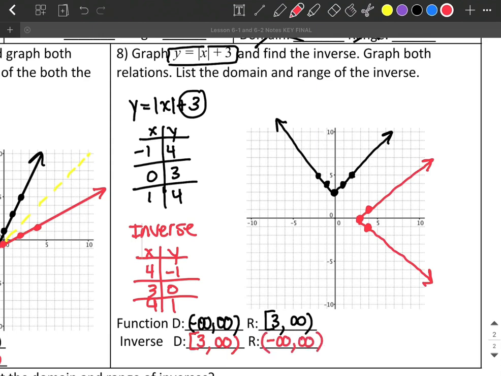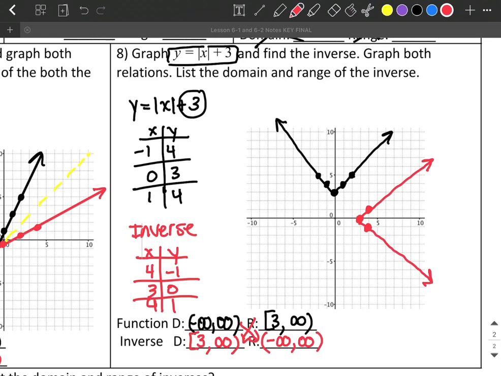And what I should notice is that just like my x and y values in my table, and just like finding it algebraically, I switch my x's and y's. Because my x's and y's switched, it makes sense that the domain and the range are going to switch. My domain became my range, and my range became my domain. And it makes sense because I'm switching the x and y values.